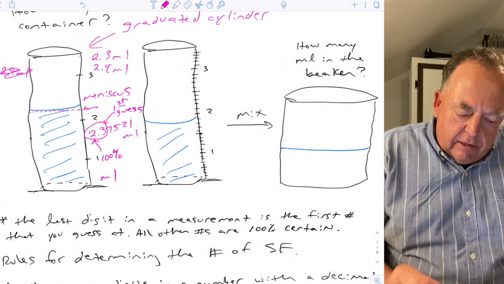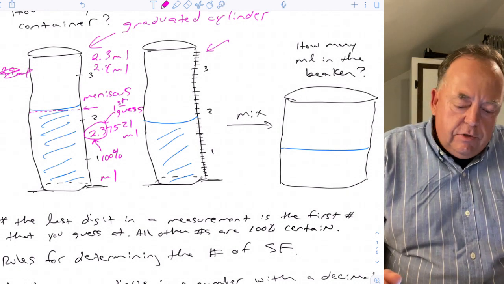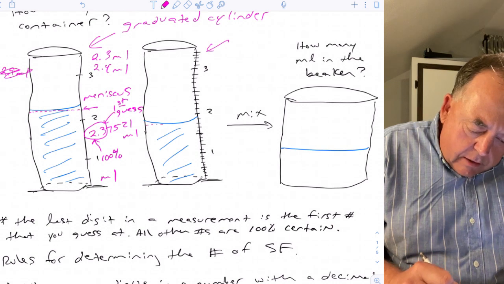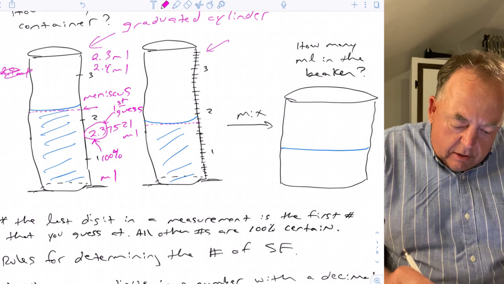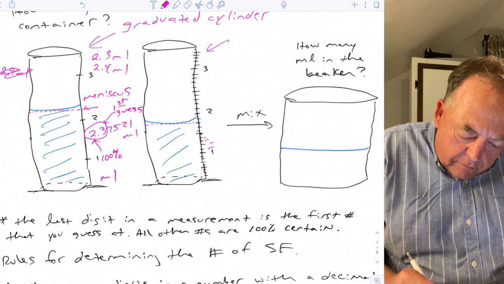Okay, so now if we take the next graduated cylinder on your right, and we do the same thing, how many milliliters are in that graduated cylinder? Again, we read it from the bottom. So let's see, this would be 1.1, 2, 3, 4, 5, 6, 7, 8.